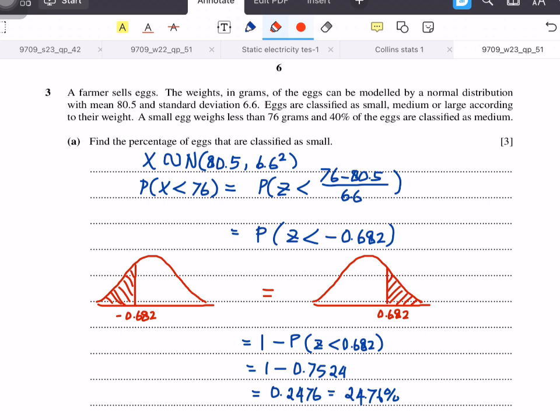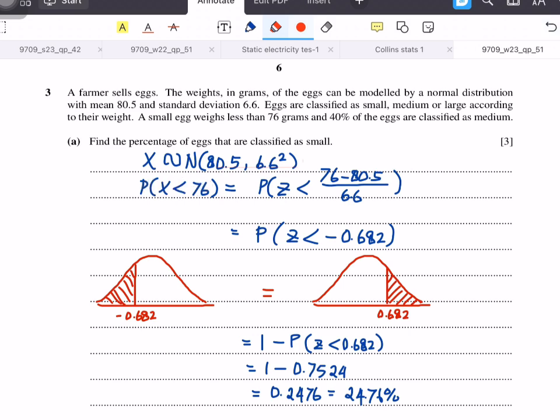So the weight of the egg is normally distributed with mean 80.5 and standard deviation 6.6. The egg is classified as small if it weighs less than 76.